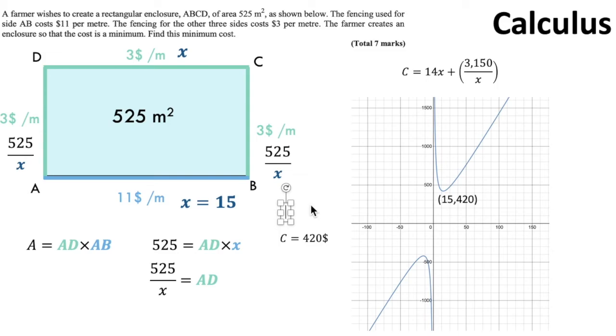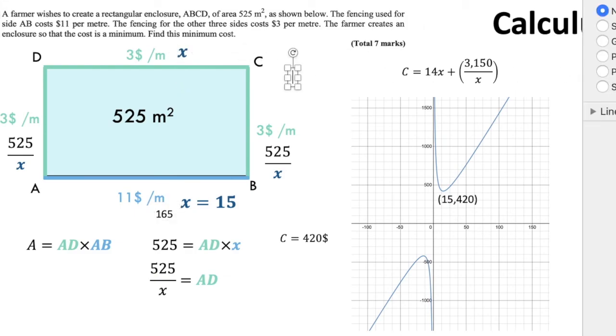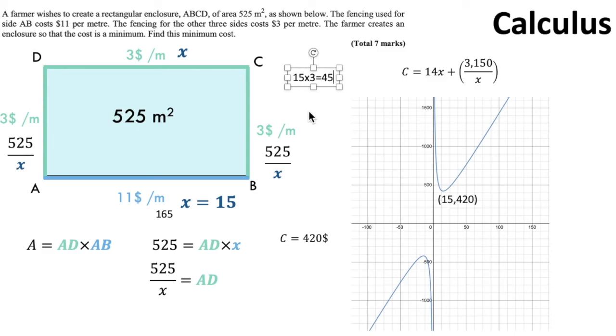You get 165 for this one. For the one on top, you would get 15 times 3, so that gives you 45. That's for the top one.